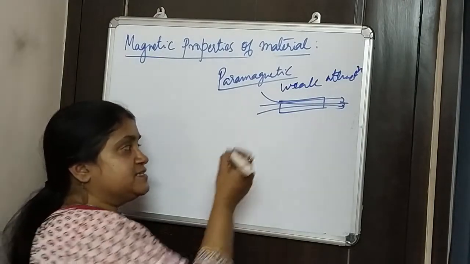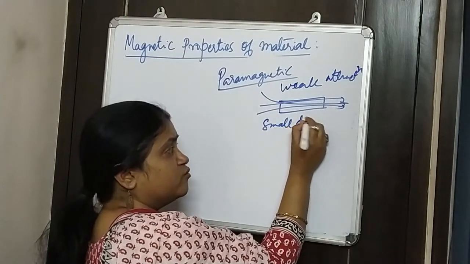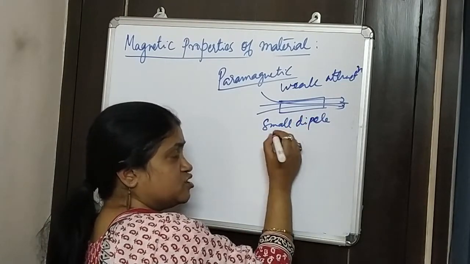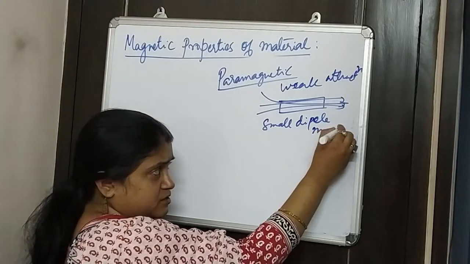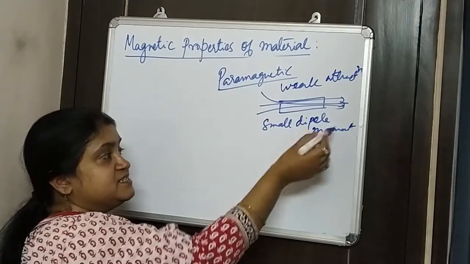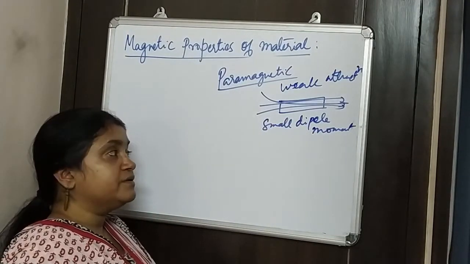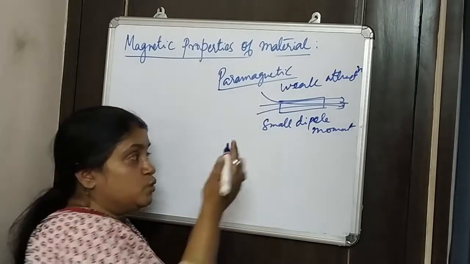Paramagnetic materials have a very small dipole moment. They have permanent dipole moments which are very small, and when they are kept in a magnetic field, the dipole moments would be aligned with the magnetic field.